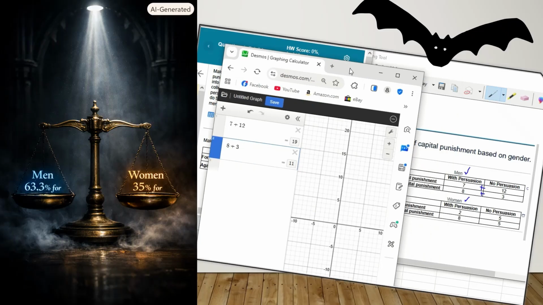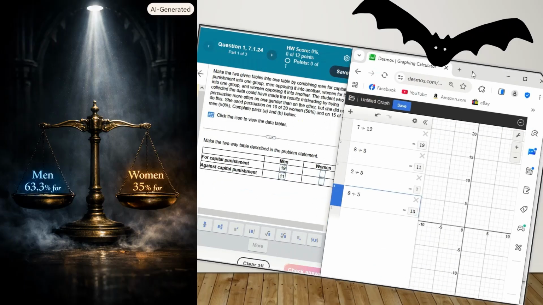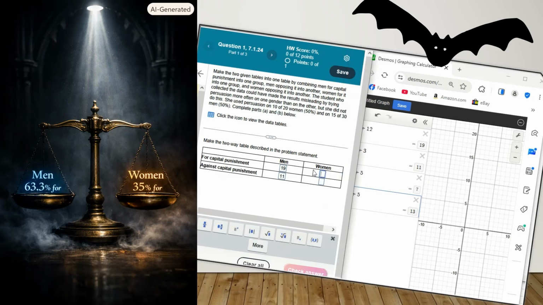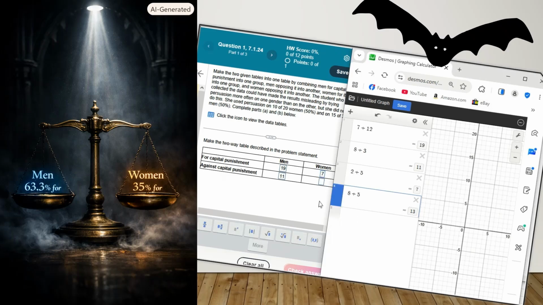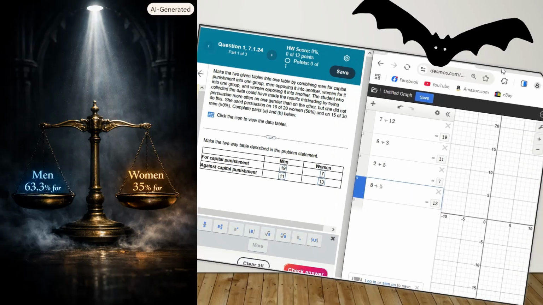And then do the same thing with the women, 2 plus 5, and we got a 7, that's for capital punishment. And then 8 plus 5, that's against. So the for would be a 7, and then the against would be a 13.